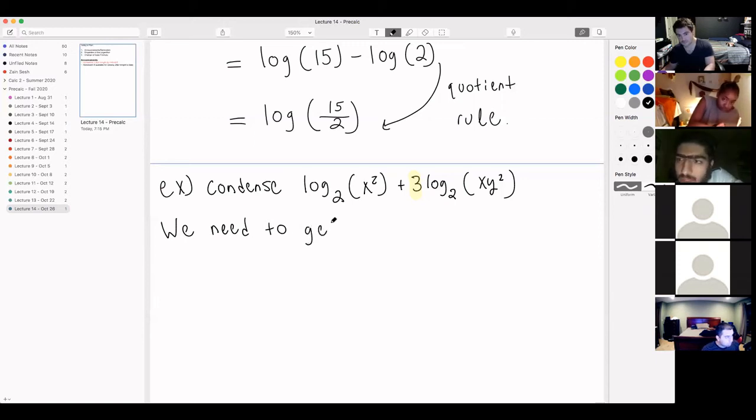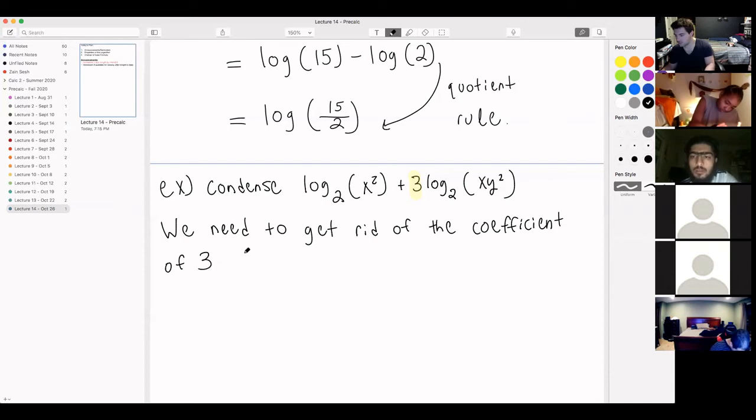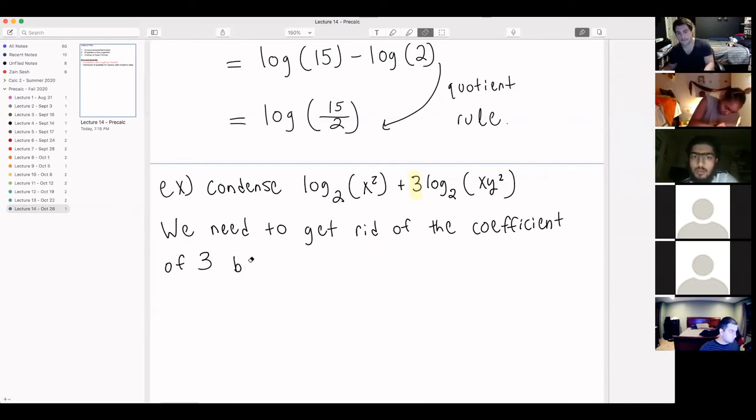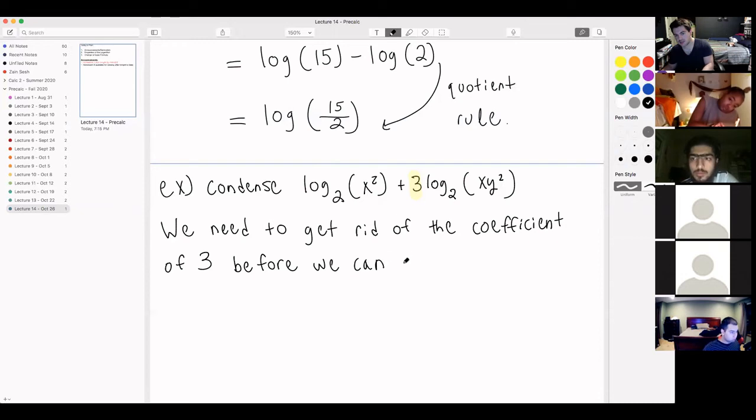Just hold on one second. Let me write this down. We need to get rid of the coefficient of 3 before we can use the product rule.